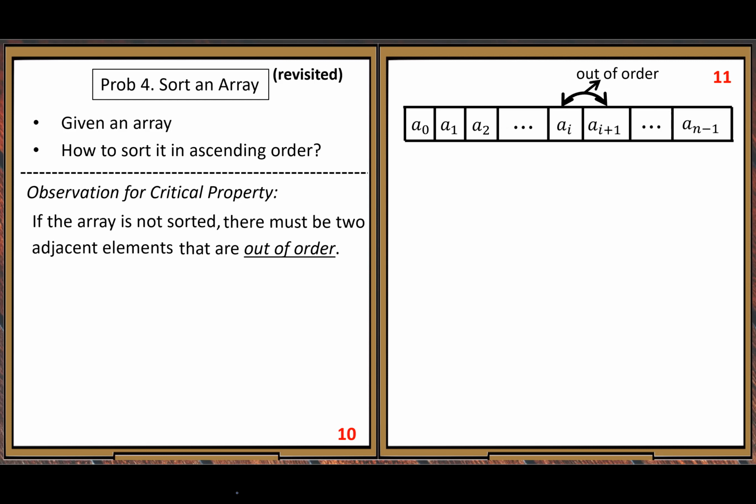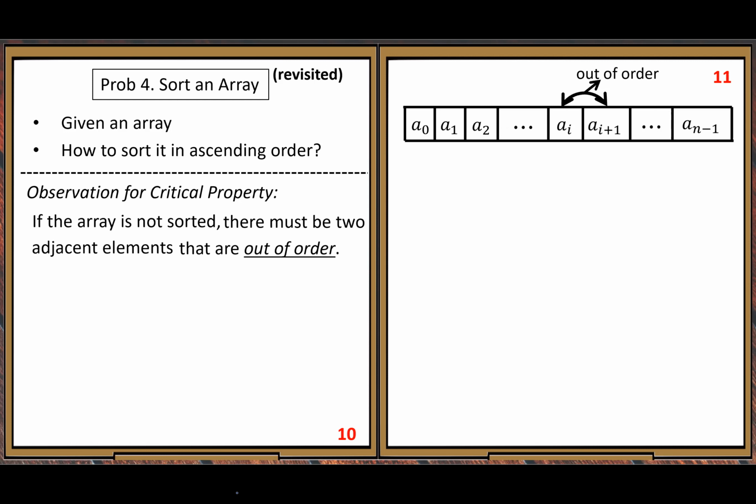Think about this observation. Can you understand this property? There must be two adjacent elements that are out of order. Otherwise, let's do the negation of this statement. If there are no two adjacent elements out of order, that means any two adjacent elements are in order.